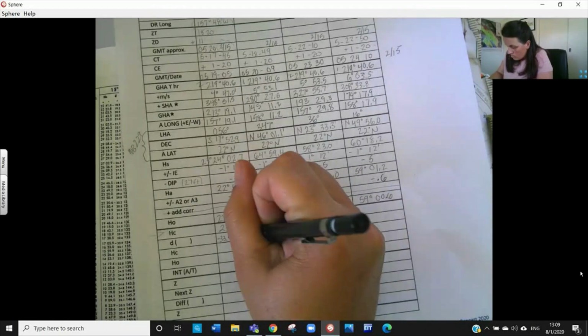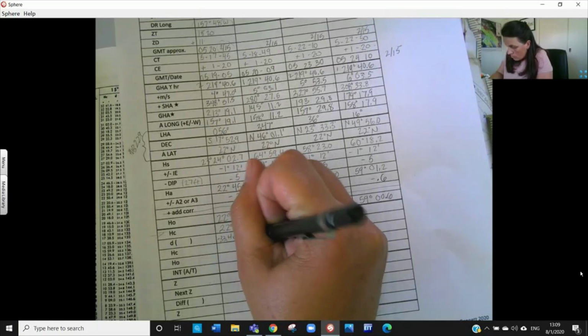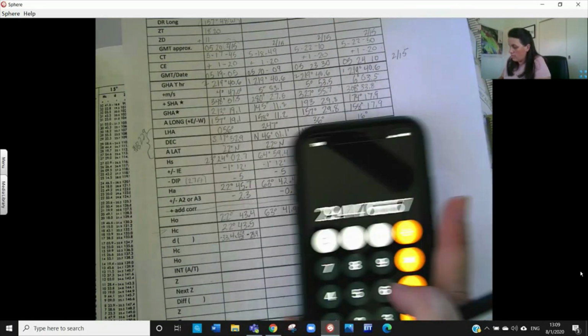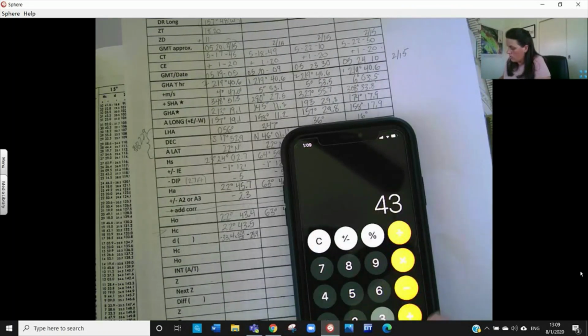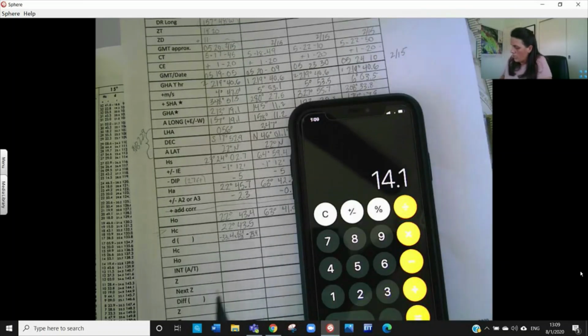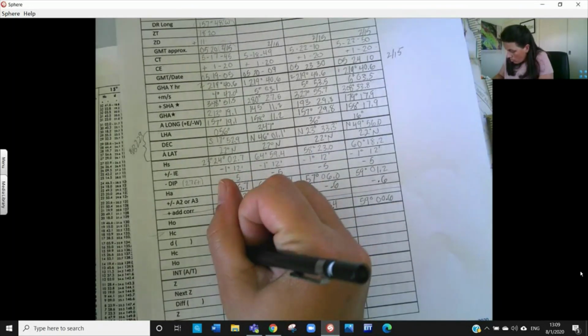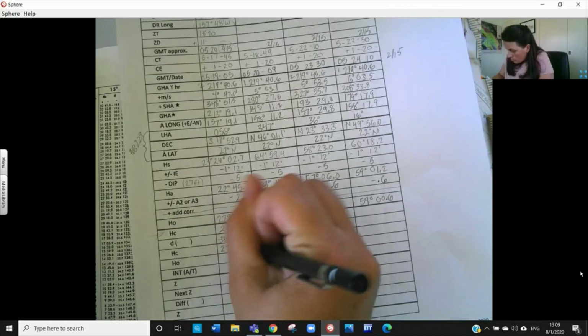So I'm going to subtract 29.4 as my correction. Go back to my form, and that gives me an HC of 22 degrees 14.1. So now I have my HC.